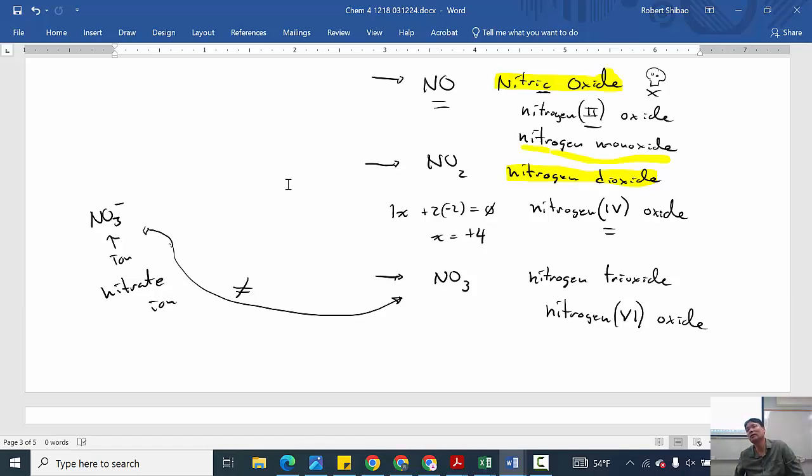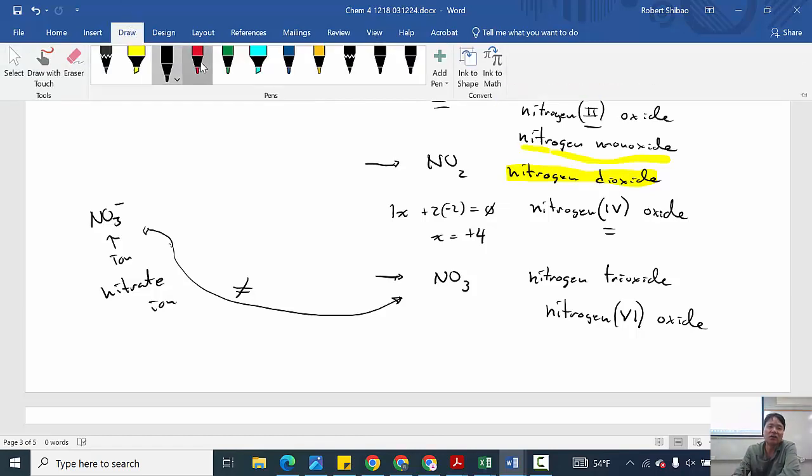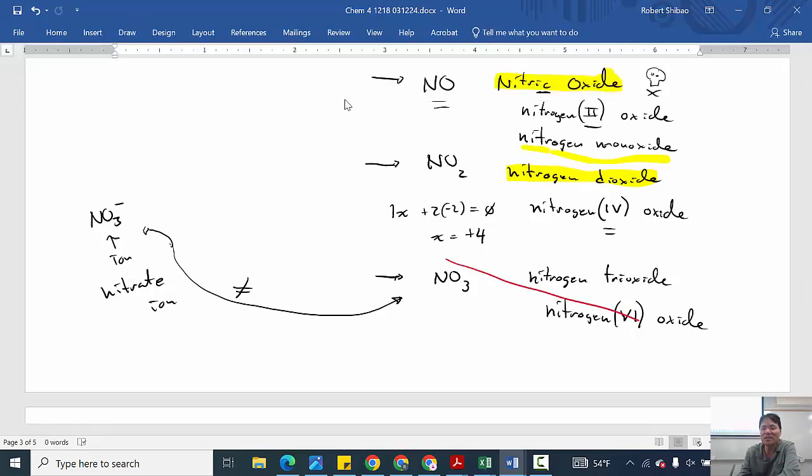Are we maxed out? So what do you suspect about nitrogen trioxide? Do you expect nitrogen trioxide to exist? No. We do not expect this to exist.